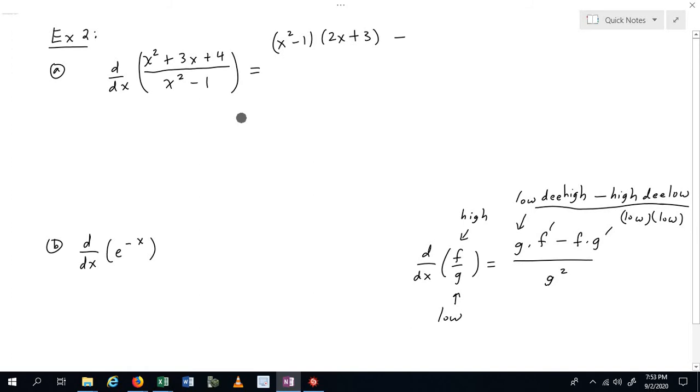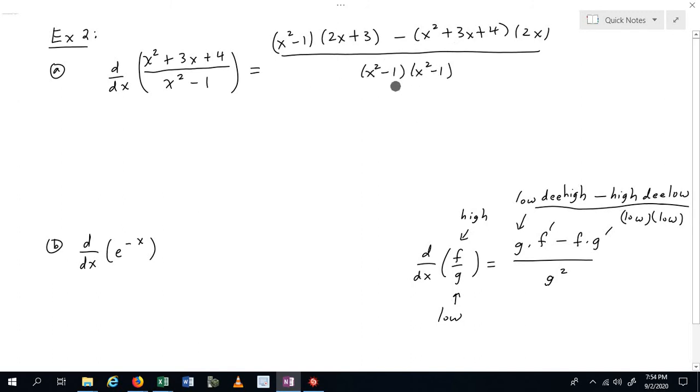Minus, all right, low d high minus high, and then d low, the derivative of the low, so that'd be 2x, all over low low, which of course you can write as x squared minus 1 squared.